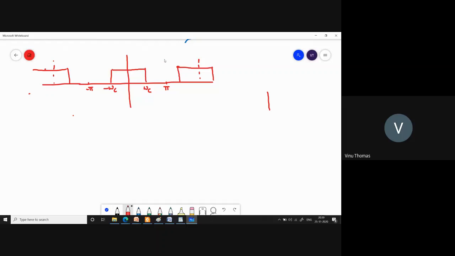If this is your H of e to the j omega, if we compute the inverse DTFT, then you will see that it's somewhat like this. If I draw the envelope, it will look like a sinc function.